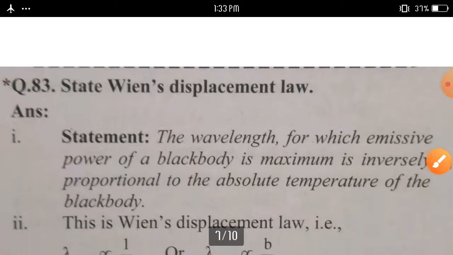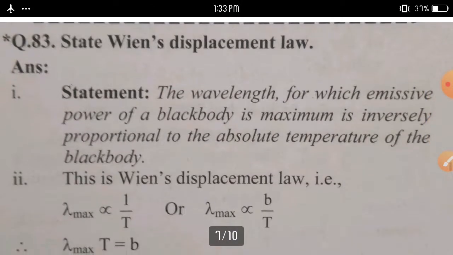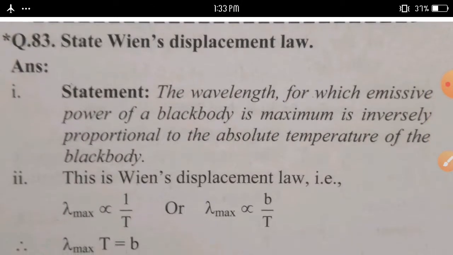And next one, Wien's displacement law. This is a very important statement.